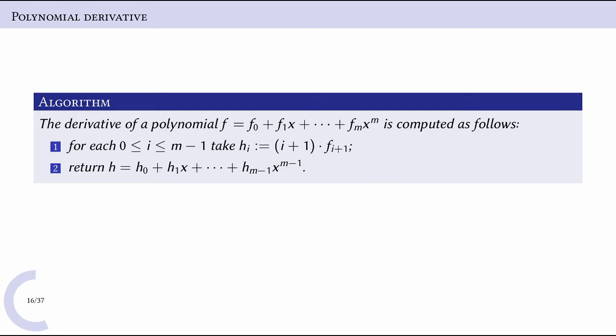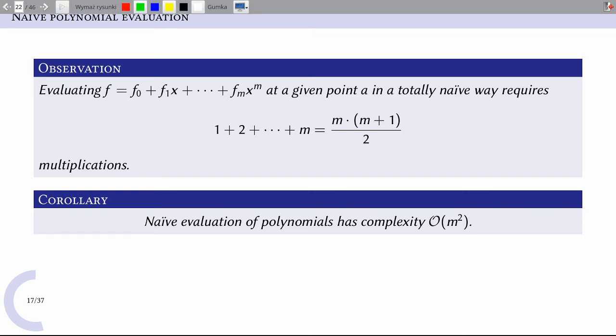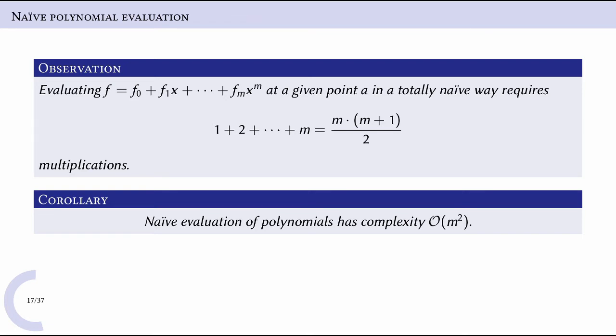Now the second algorithm that we will want to tackle is the evaluation of a polynomial at a given point. So we have a polynomial f and we have some point a, and if we evaluate f at a, so we compute f of a in a naive way, then we will need the following number of operations.